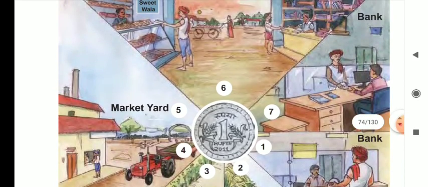From the marketing yard it goes to the different shops. From there, our money goes to the bank. The profit margin goes to the bank, and again the bank gives us a loan. This is the way the cycle of a rupee is maintained.